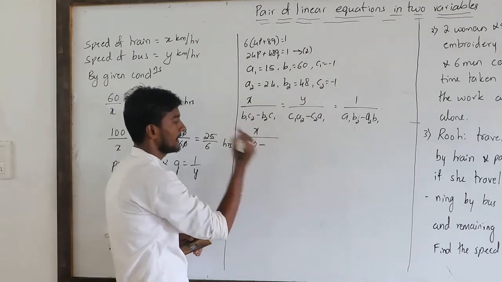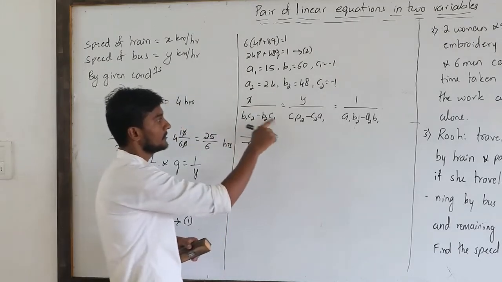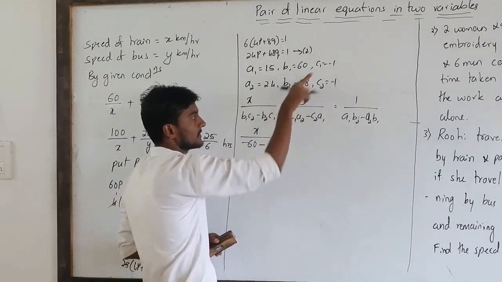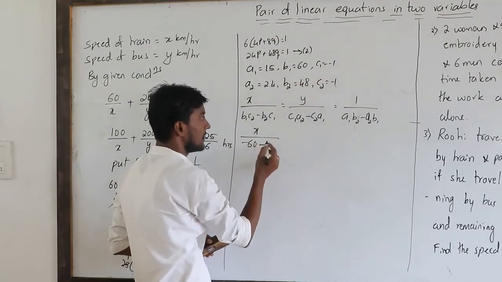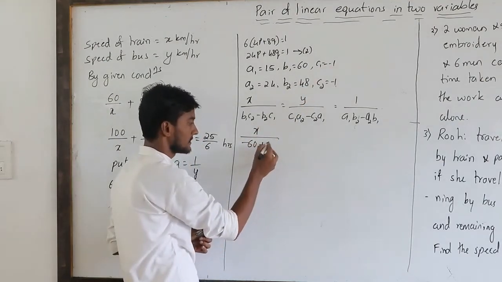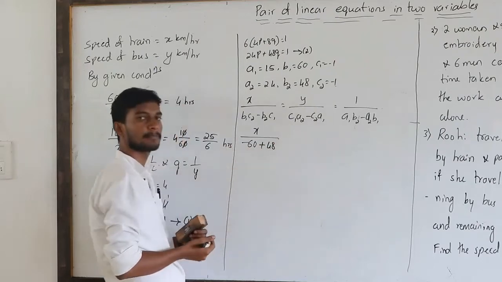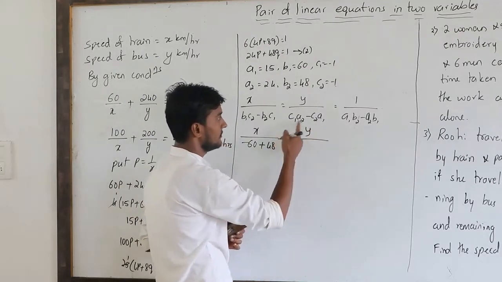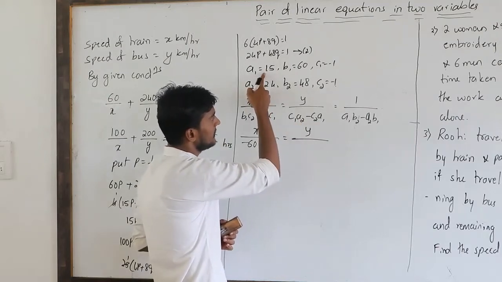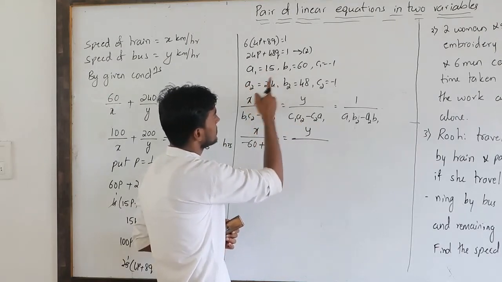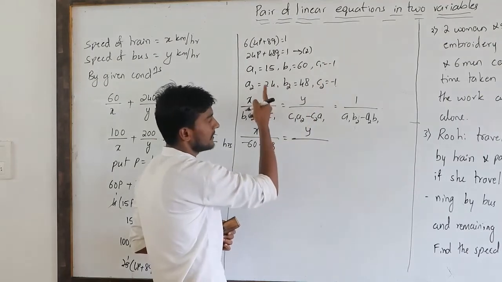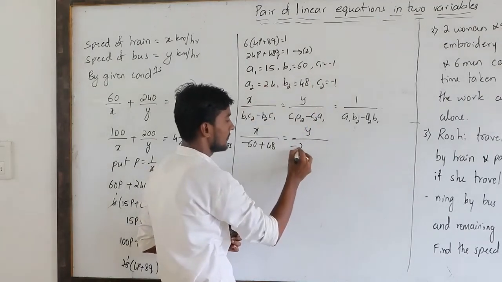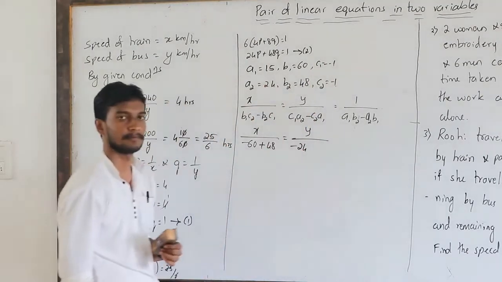Minus sign in the formula we are having, put as it is. B2 C1, B2 is 48, C1 is minus 1, 48 into minus 1 is minus 48, this minus minus becomes plus 48, is equal to y divided by C1 A2. C1 is minus 1, A2 is 24, 24 into minus 1 is minus 24.